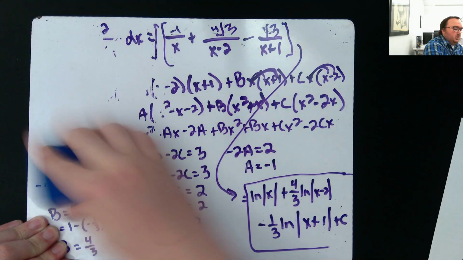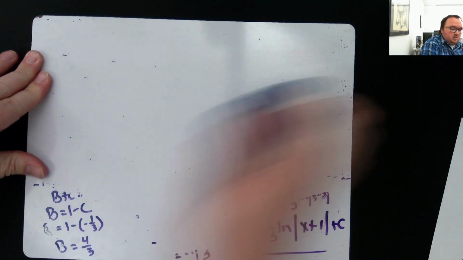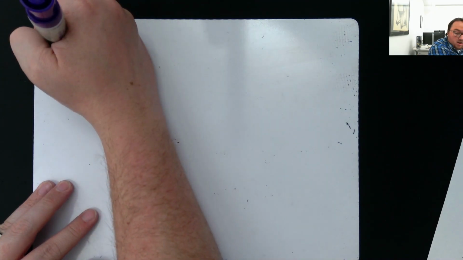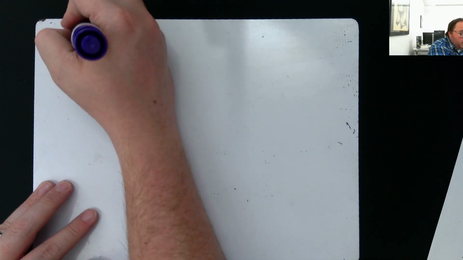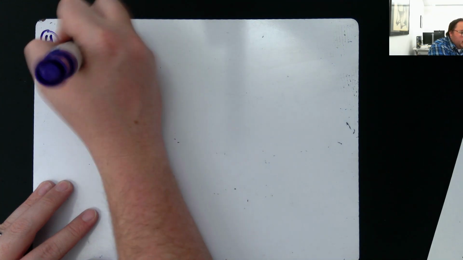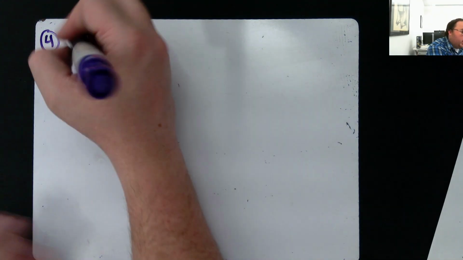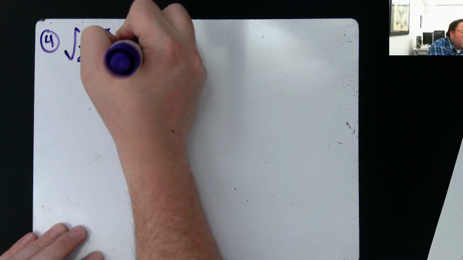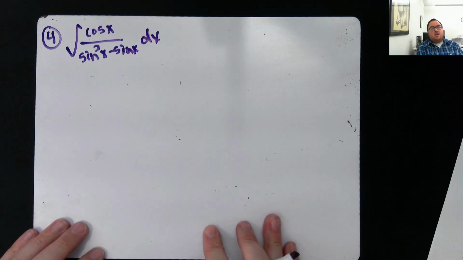Another example. Example number 4. Integral cosine of x over sine squared x minus sine x dx.